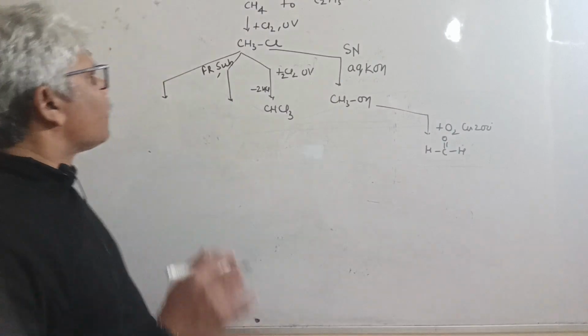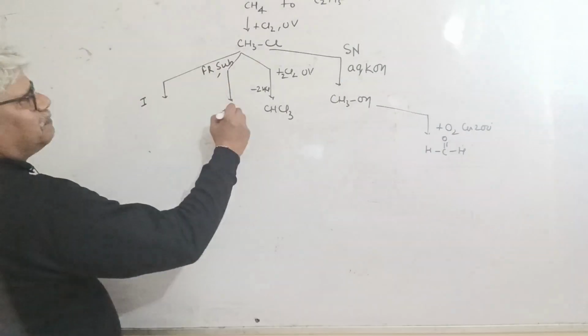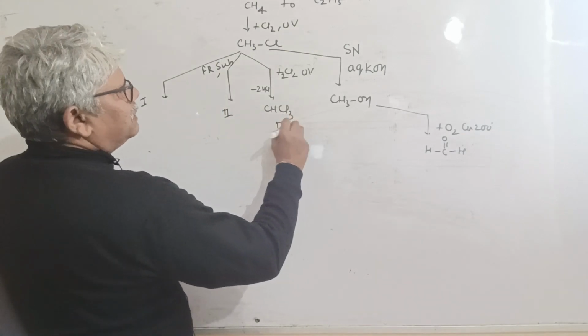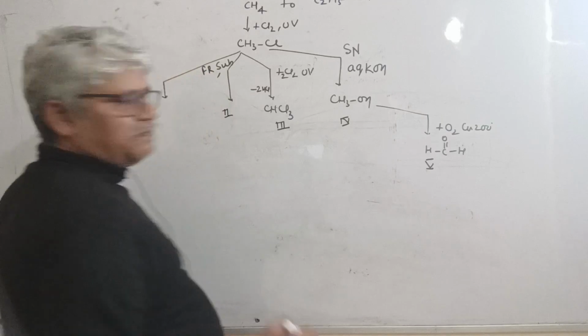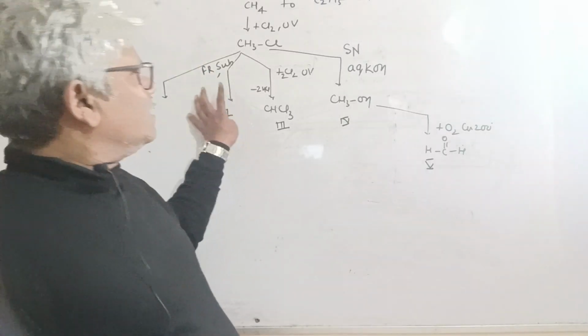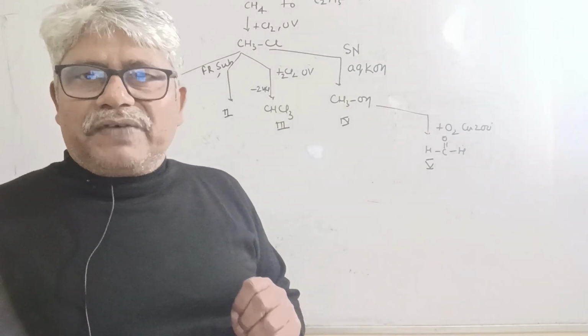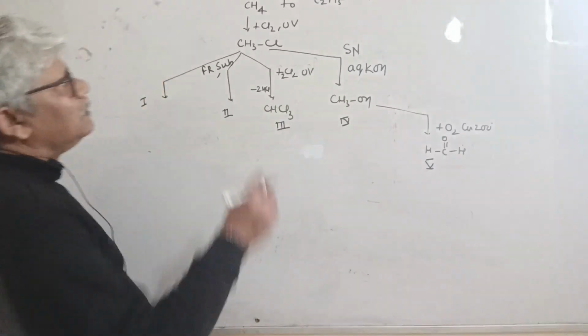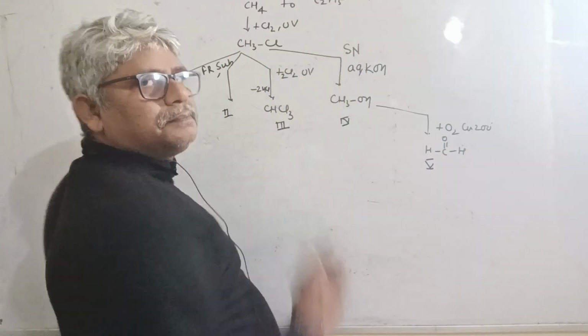Coming back, this is method number 1, this is method number 2, this is method number 3, this is method number 4, this is method number 5. Now without rote learning this flowchart, I will discuss all of them one by one. Number 1, we have to come from 1 carbon to 2 carbon with alcohol.